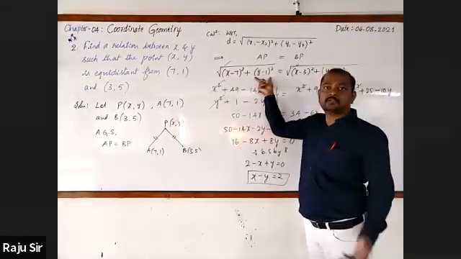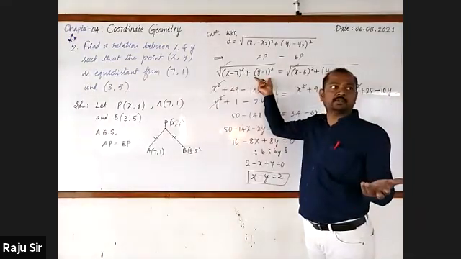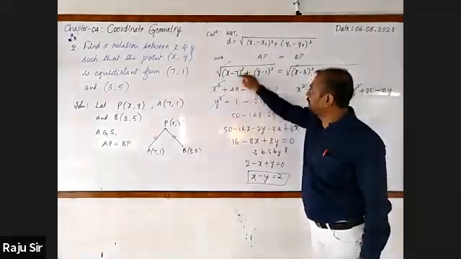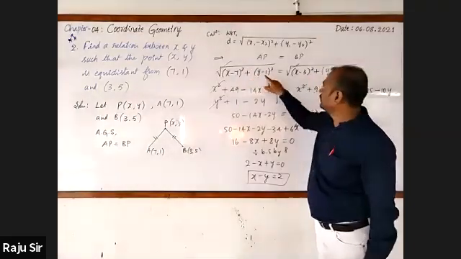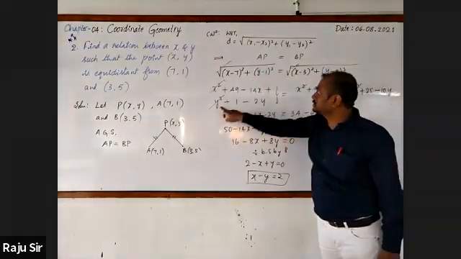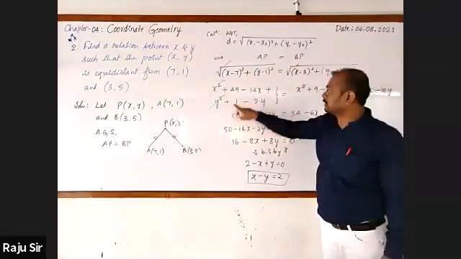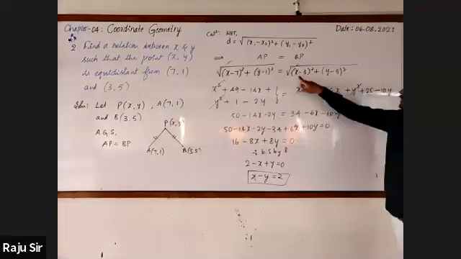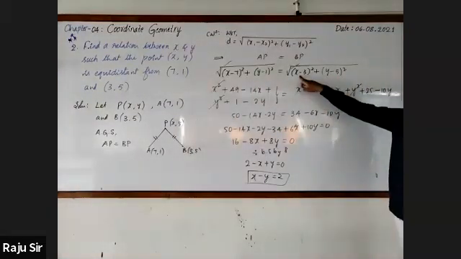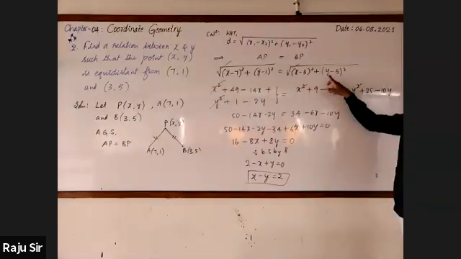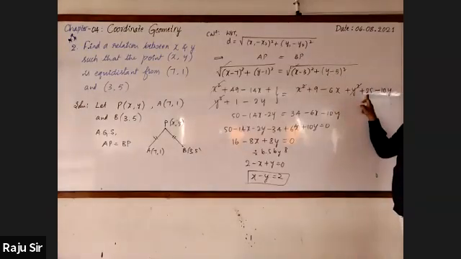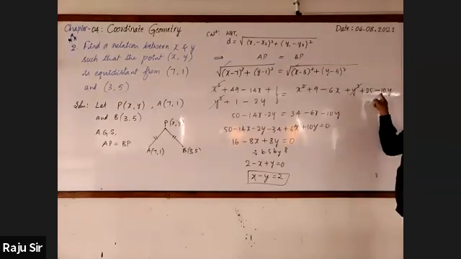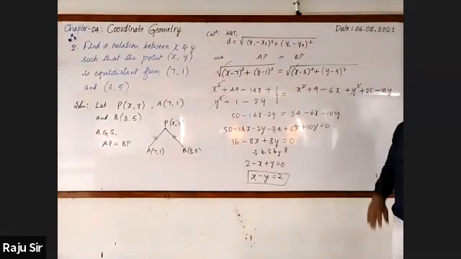Each term is of the form (a − b)². Using that identity you can expand it: a² plus b² minus 2ab. Here y² plus 1² minus 2 into y into 1; similarly x², 3² is 9, 2 into x into 3 is 6x; then y² plus 5² is 25 minus 10y. x² and y² get cancelled.